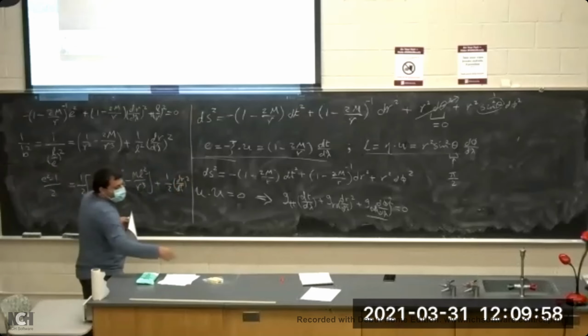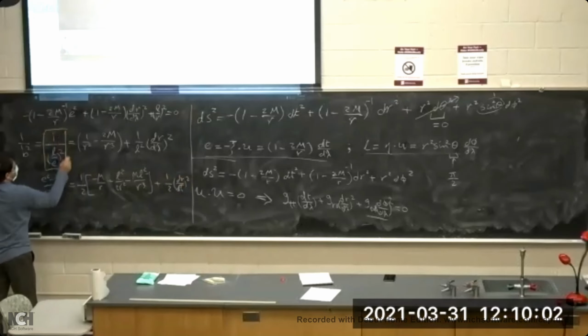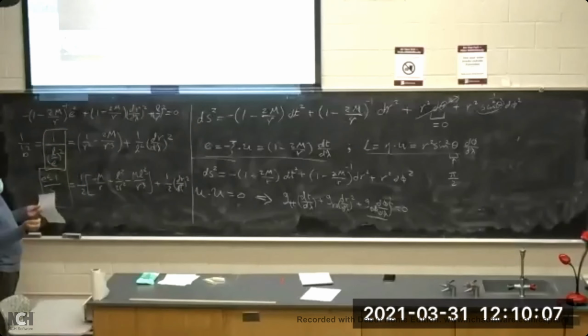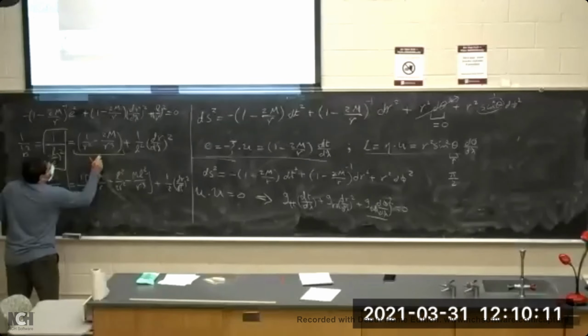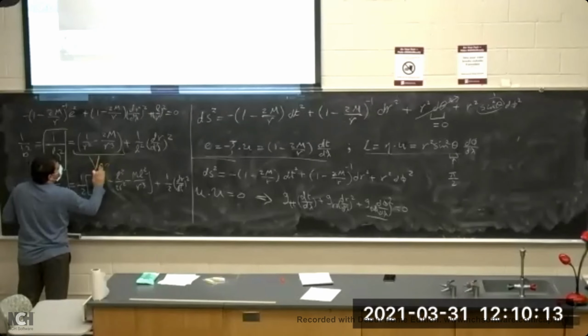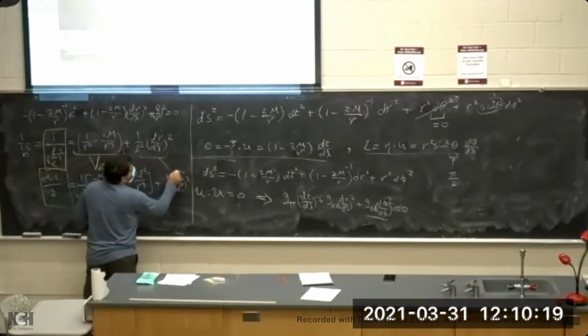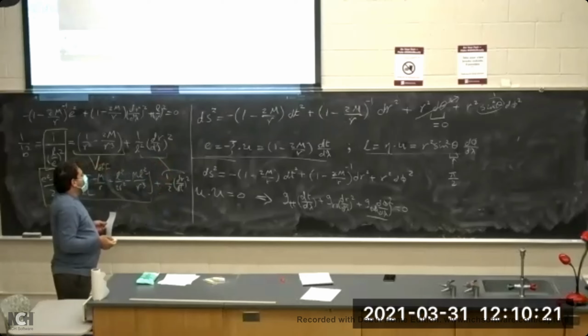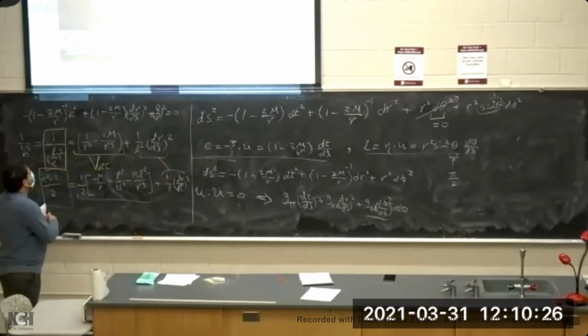We can see from the previous time that this term and this term are related to maybe the total mechanical energy. We can also relate this term to the effective potential term, and this term can be related to the kinetic energy, but we don't have any kinetic energy in our case.